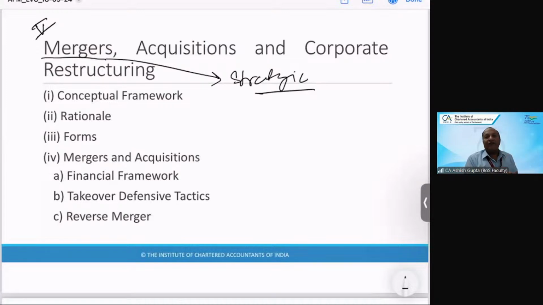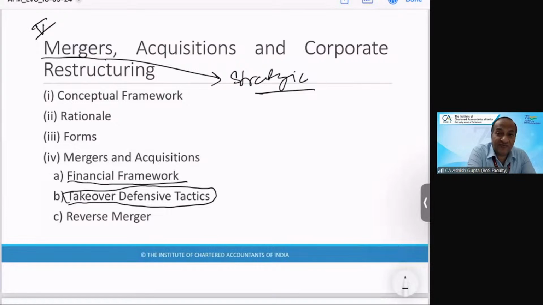Here in advanced financial management, we normally cover the financial framework: the valuation that we have seen and how we will discharge our liabilities. There is also one very important topic called defensive tactics. A defensive tactic is basically used when a company wants to save itself from a hostile takeover.